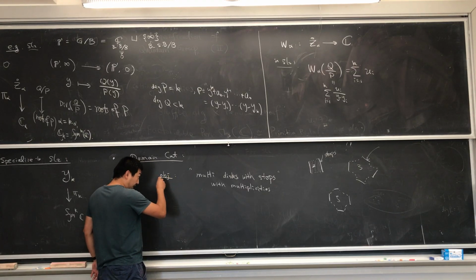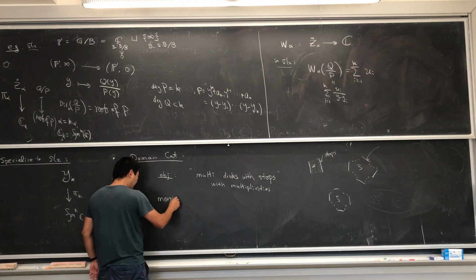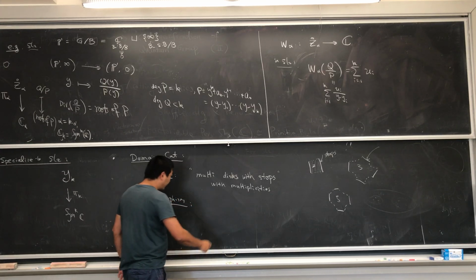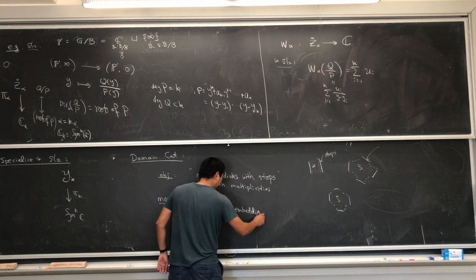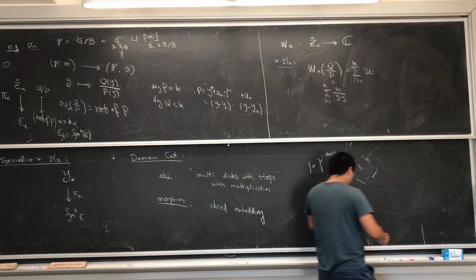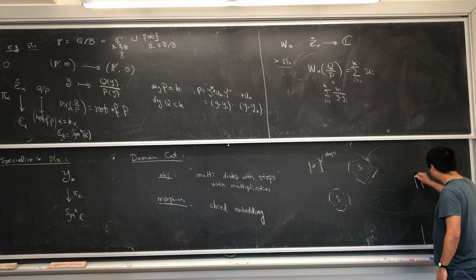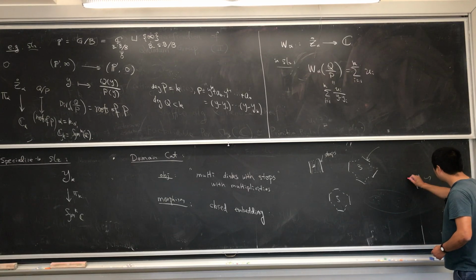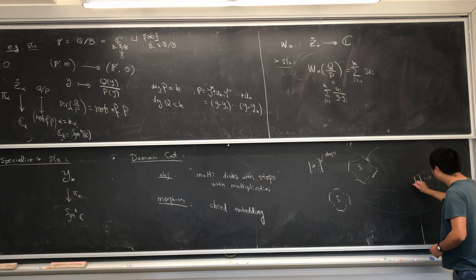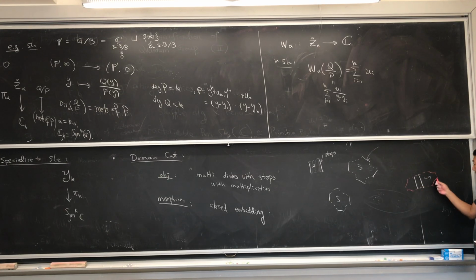So these are the objects, and morphisms are going to be closed embeddings. So for example, if I have some disk like this, I can embed it into, say, a bigger disk in a different color. The bigger red disk has 4 stops, and the white disk has 2 stops.